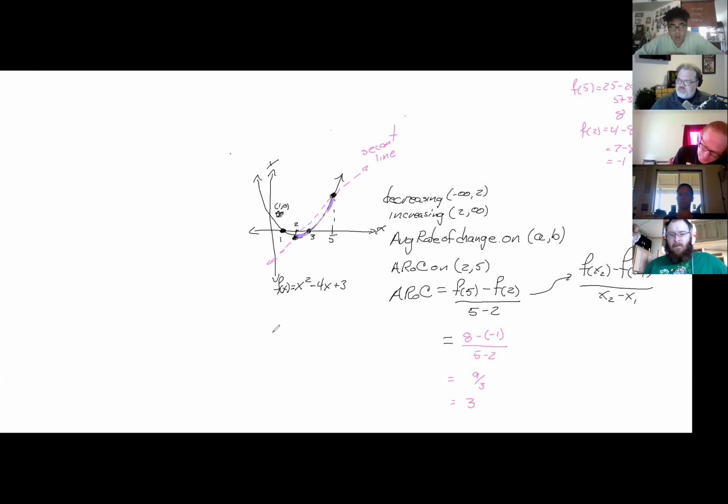Any of that? Just went off to the side here to evaluate those. Plug those back in. We do have to be careful here with that minus the -1. But that 8 minus -1 does give us a nice 9. And this ended up being a nice whole number. That's kind of fun. Doesn't happen all that often.